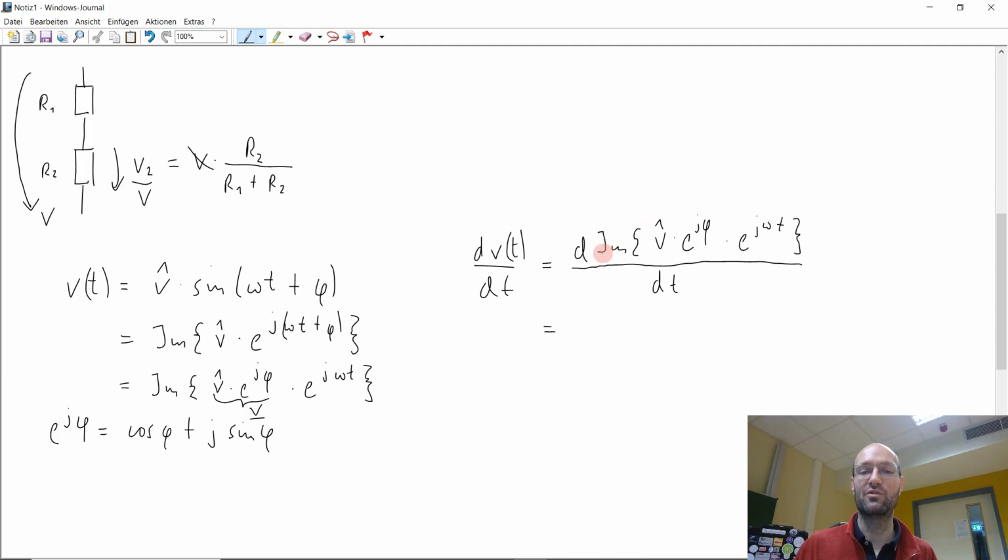So what is left is the imaginary part of the amplitude times e to j phi, and the time derivative of our complex exponential function.